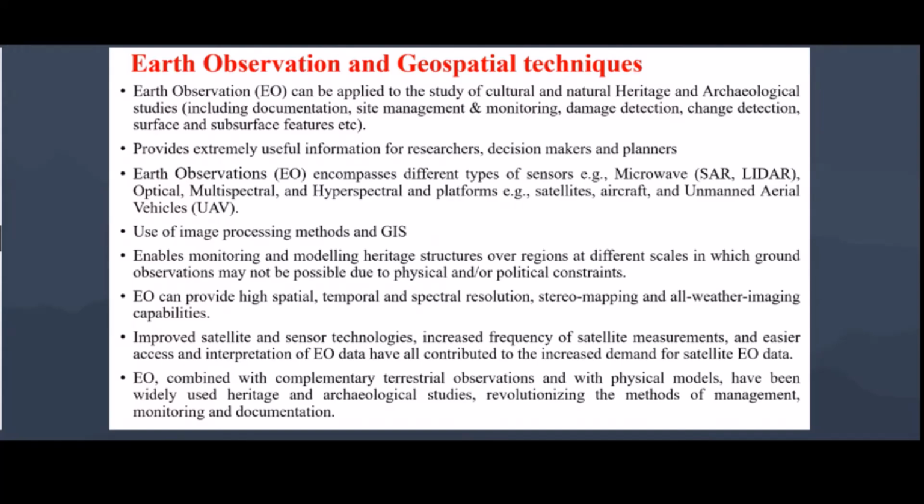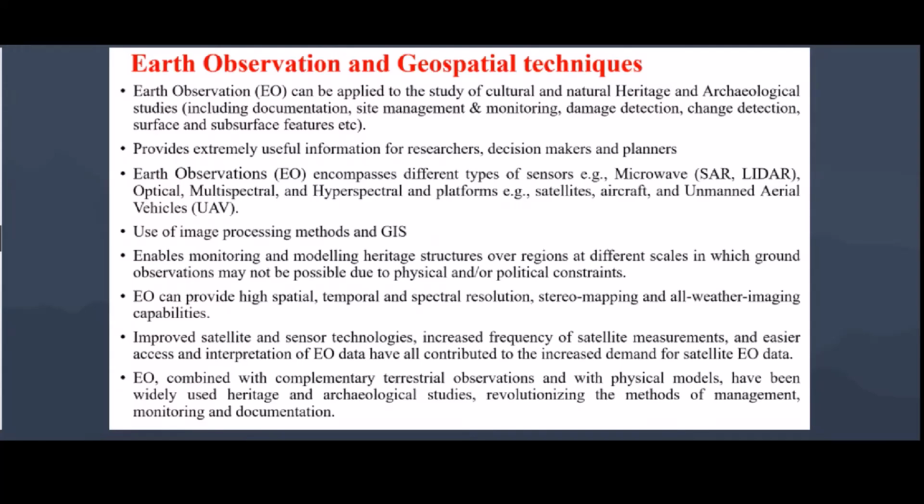Stereo mapping or three-dimensional mapping is also possible with photogrammetric processing. And sensors like the SAR or microwave sensors have all-weather imaging capabilities. We can do day and night imaging. Since they are active sensors, they also have penetrating capabilities.